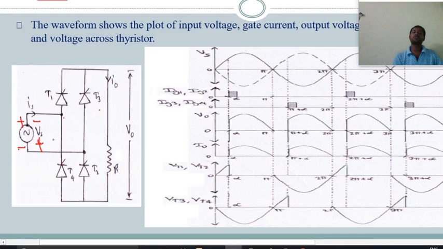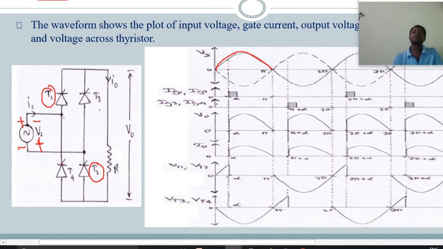for the positive half cycle. So this is the positive half cycle. Thyristors T1 and T2 both should turn on at the same firing angle.